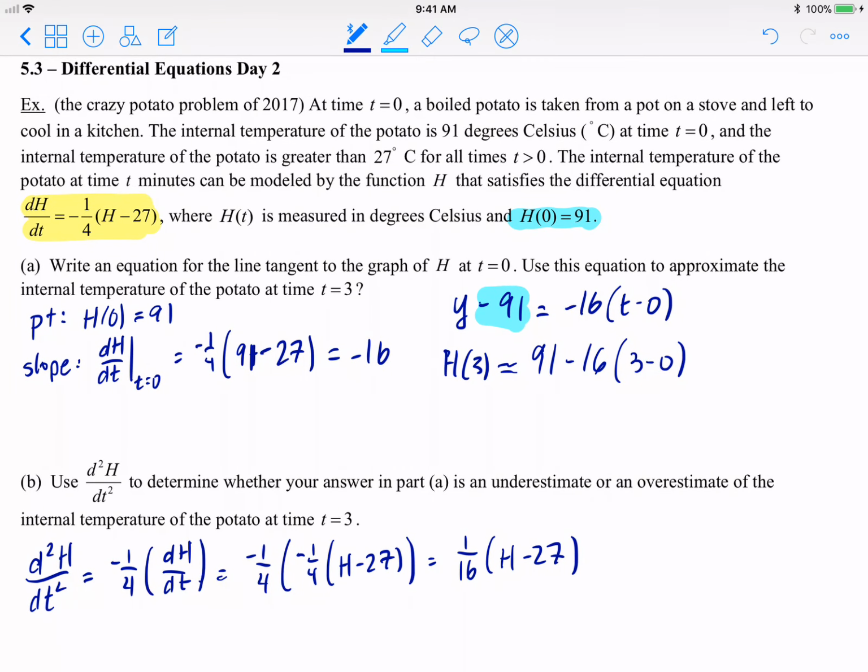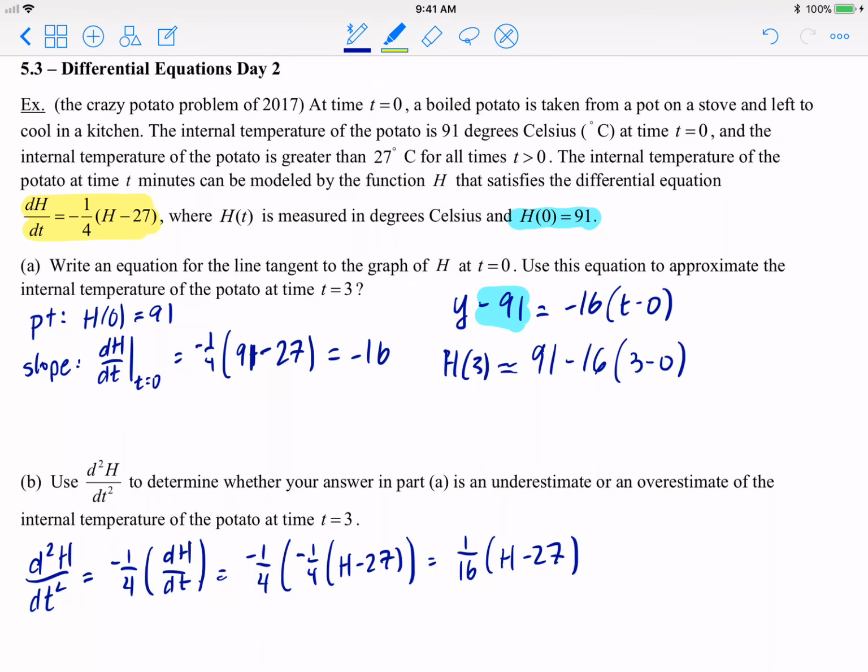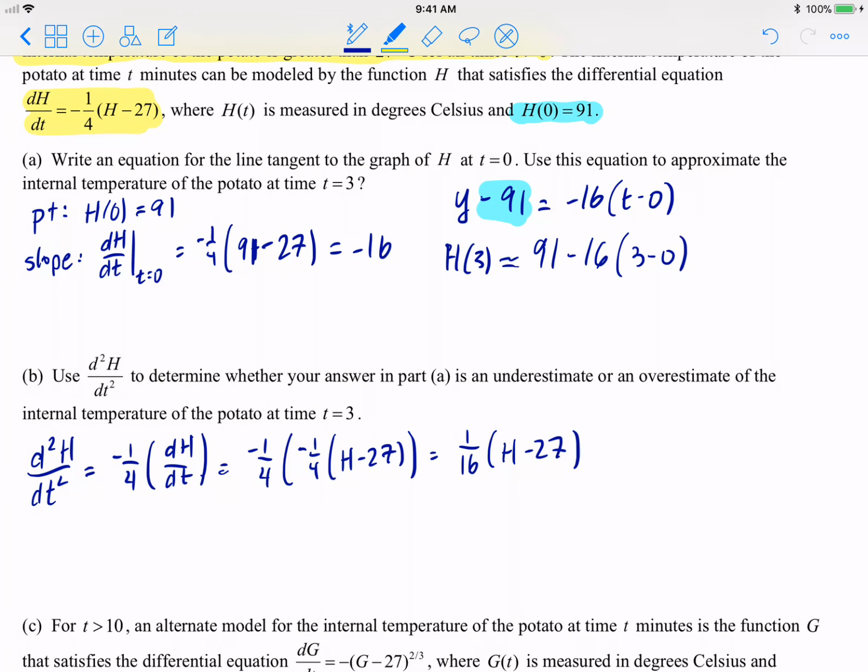So if I look back up here in this big long paragraph, it tells me that the internal temperature of the potato is greater than 27 degrees for all times t greater than 0. So what that means is that if h is bigger than 27, this second derivative is always going to be positive. Okay, and so we could say, therefore, the graph of h is concave up.